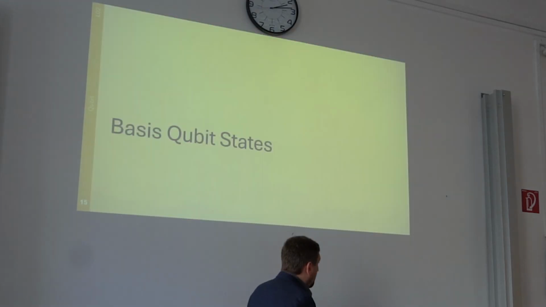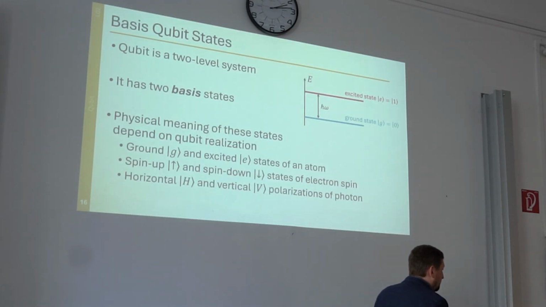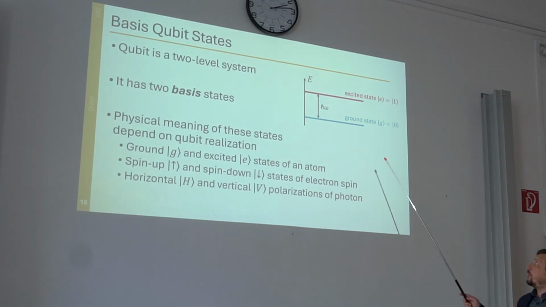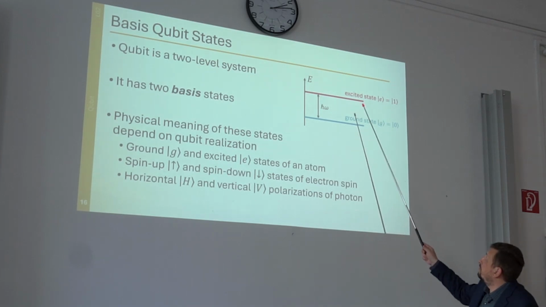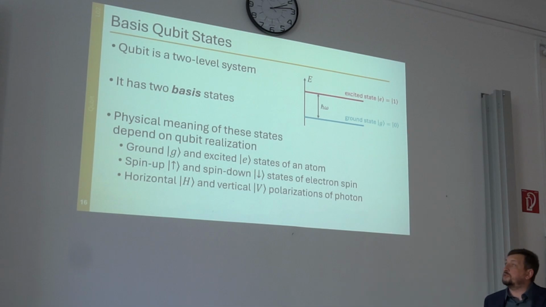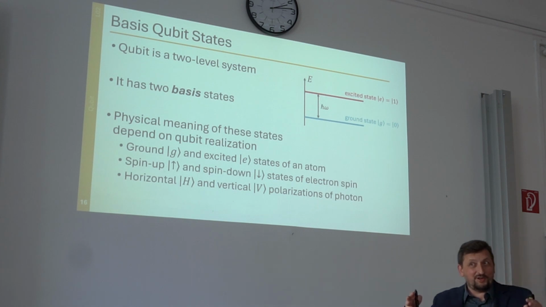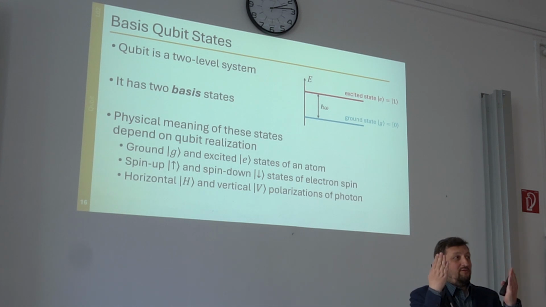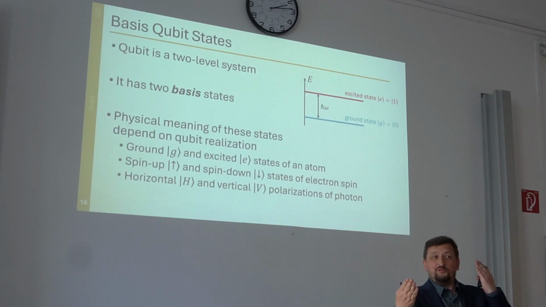Okay, so let us look at this qubit. A qubit has two levels, two states. These are two basis states, because as you know, with a quantum system we have superposition. And if we have two states, we can have different superpositions of these two states.